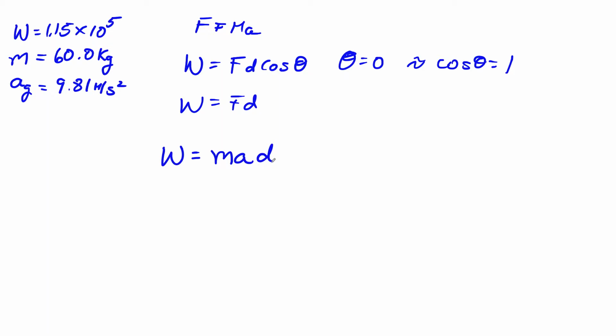Now we've got something to deal with. We're looking for distance. We have mass, we have acceleration, and we have work. So divide both sides by ma. Work over mass times acceleration is equal to distance, because these two cancel.